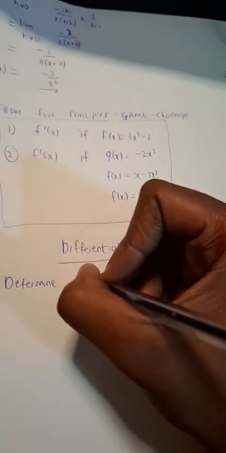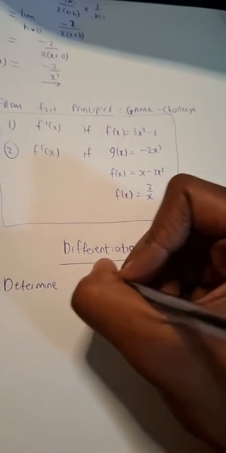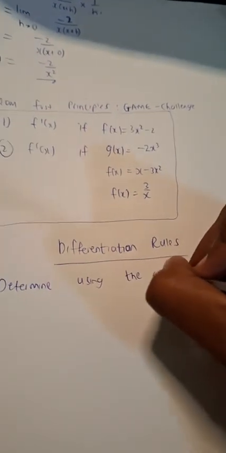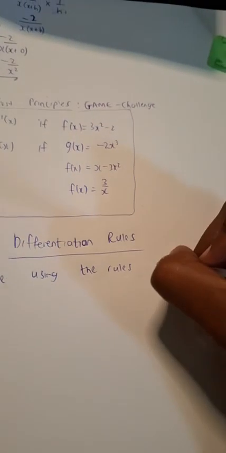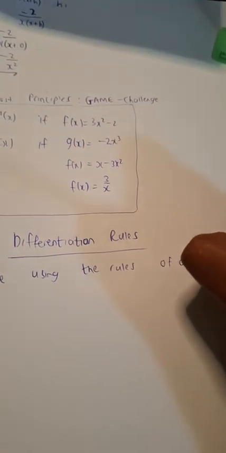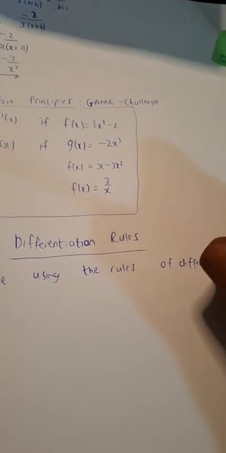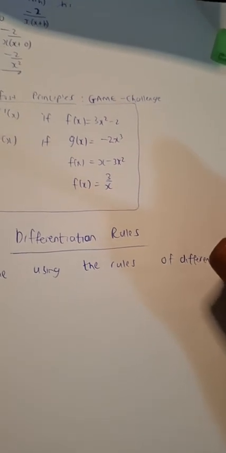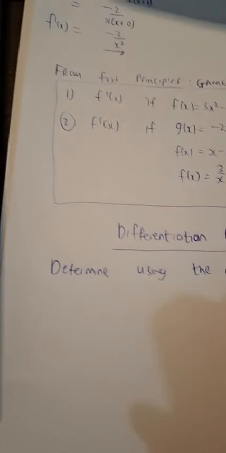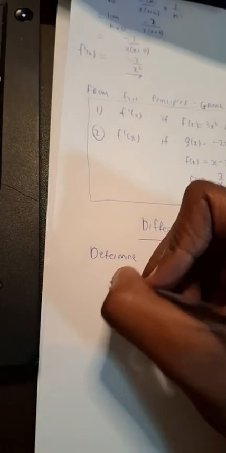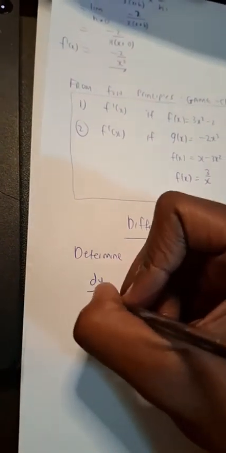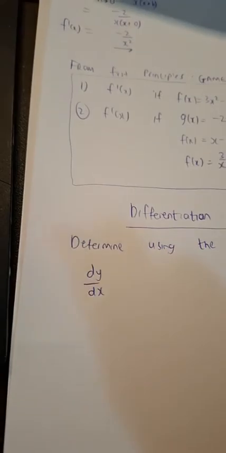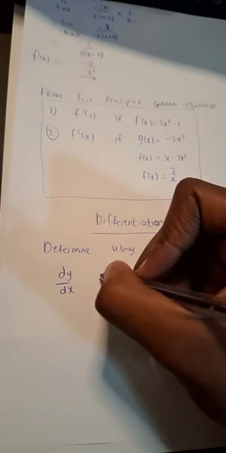So determine using the rules of differentiation. Now we have to differentiate the following using the rules of differentiation. There is this notation which I want you to be very much aware of.